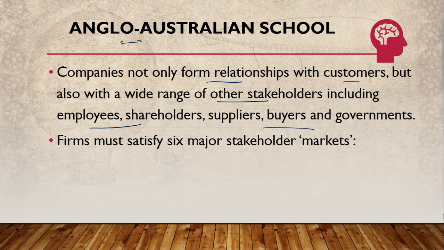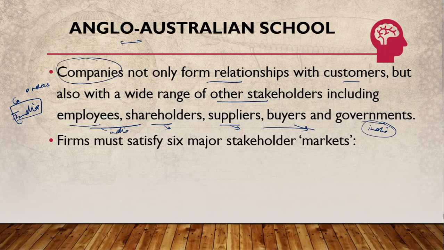So when a company is trying to sell a product, let's say in India, you should not only focus on the end customer, which are the Indians. Rather, you also have to give emphasis to the employees of your organization who are working in India, and the shareholders, the suppliers, the buyers, and also the Indian government. So these are some of the other stakeholders.